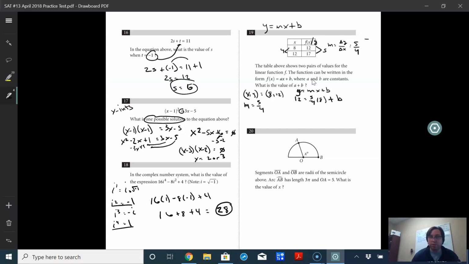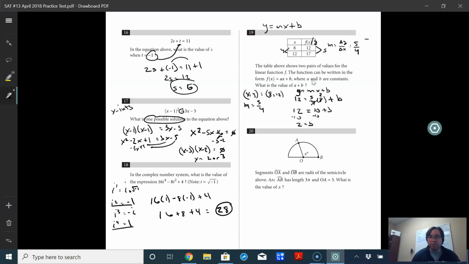Multiplying those values, 8 over 4 reduces down to 2. So 5 times 2 is 10, so 12 equals 10 plus b. And then minus 10, so 2 equals b.